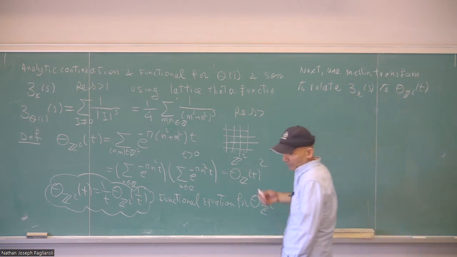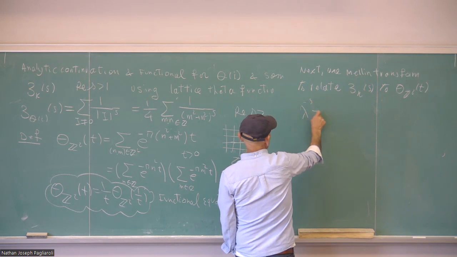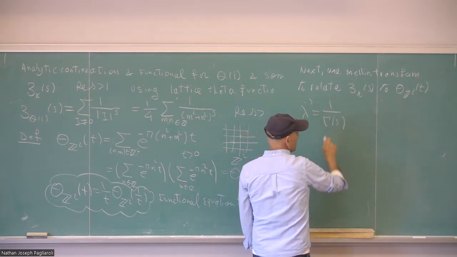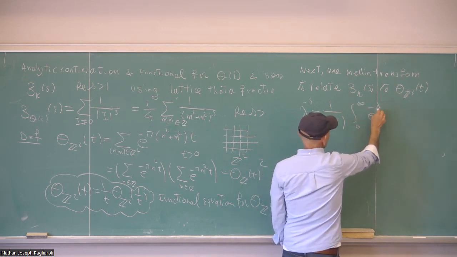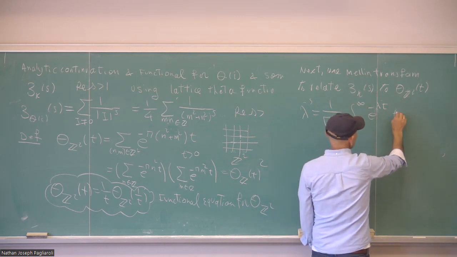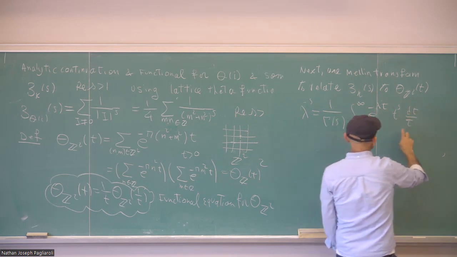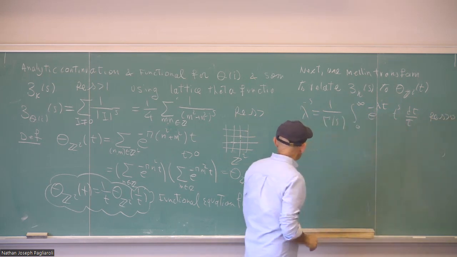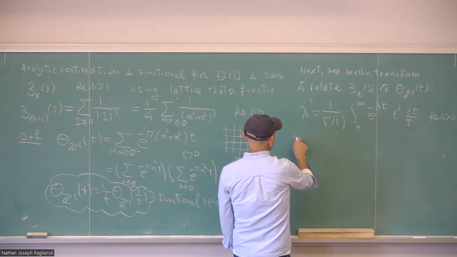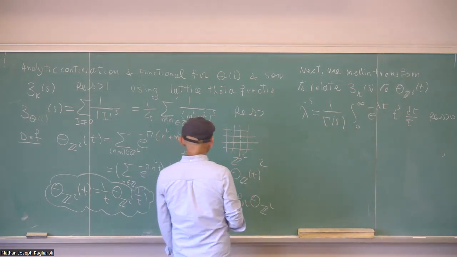The basic Mellin transform is lambda to the power minus s equal to 1 over gamma of s, integral from 0 to infinity, e to the minus lambda t, t to the s, dt over t. This is true for real part of s positive.